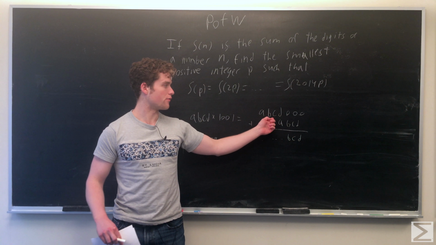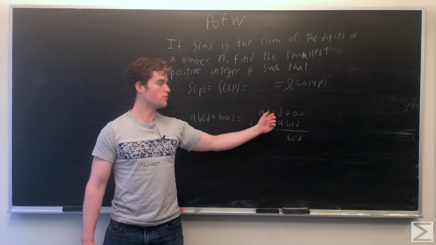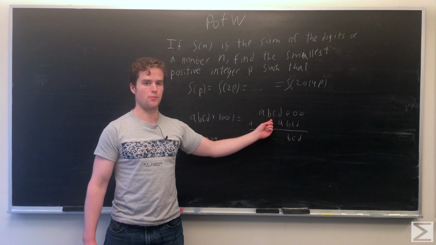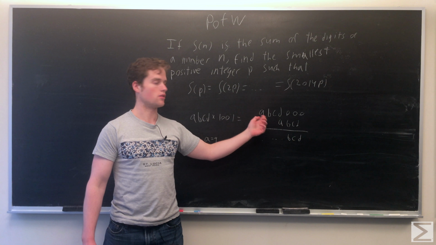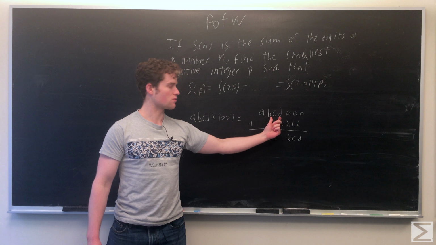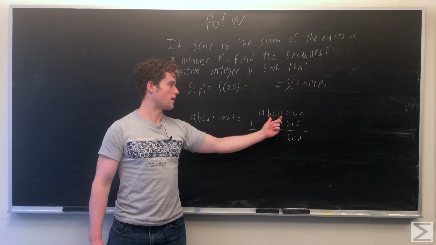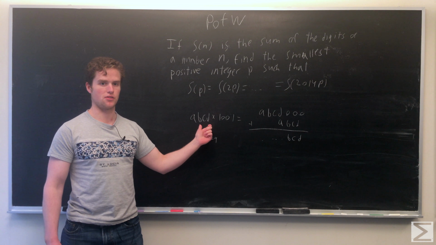Also, if B does not equal 9 or C does not equal 9, we encounter a similar issue where if one of them is less than 9, then they increase by at most 1. The digits after them will be left alone. You won't have to carry a 1. And so somewhere in these 3 digits will increase a digit without decreasing the future digits, and we'll find the sum is again going to be greater than our initial sum.